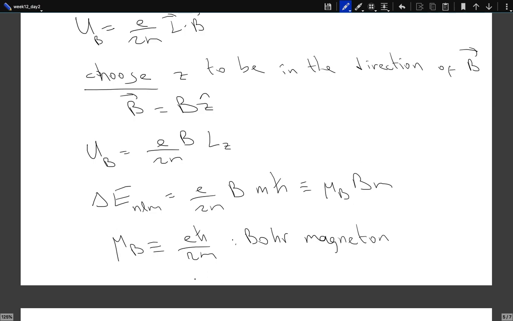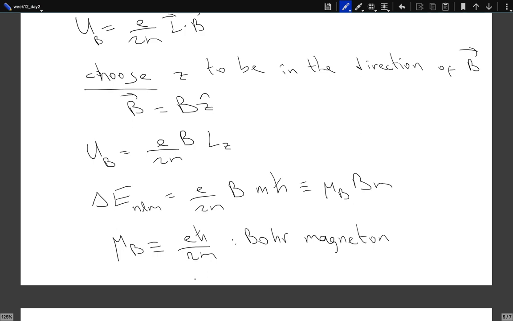I am only measuring the z component. No. You see, when I'm measuring the z component of angular momentum, only the z component exists. It doesn't make sense to talk about the x and y components. Yeah, that is what we measure. Exactly. We can only determine one component of angular momentum.